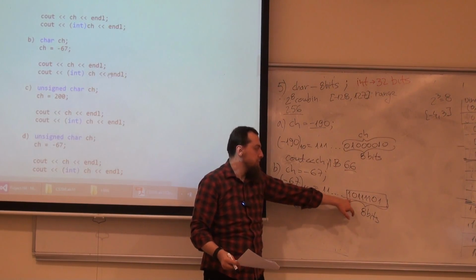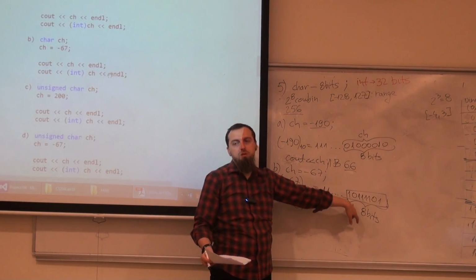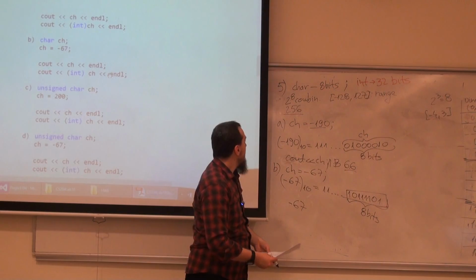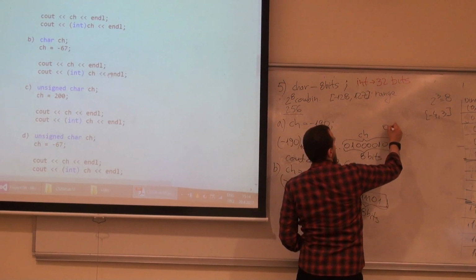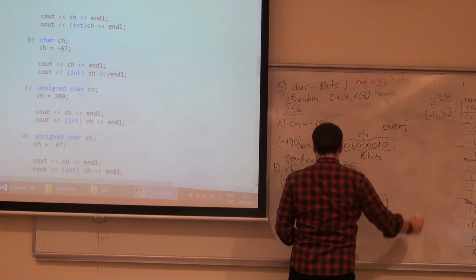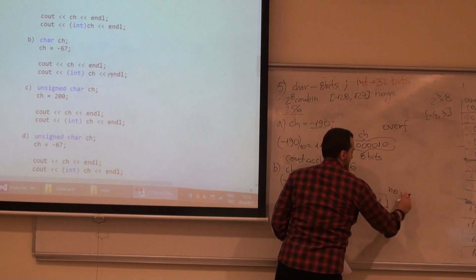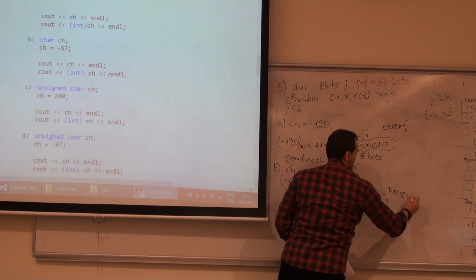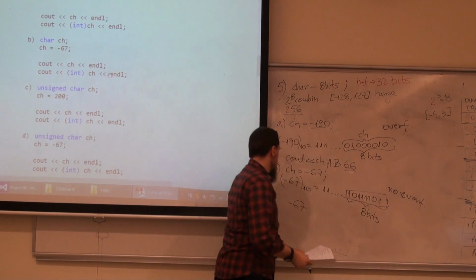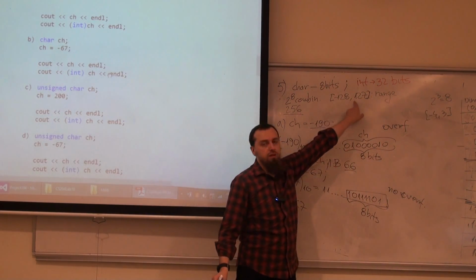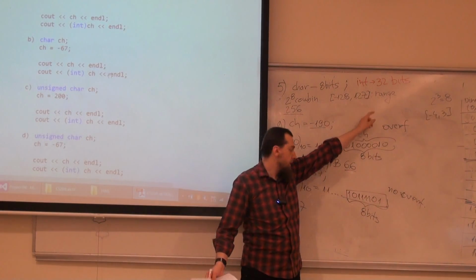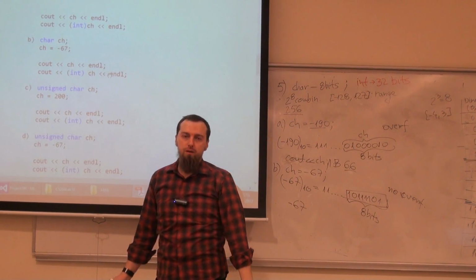You can check the ASCII table. It's a weird character. But it works, because here I have an overflow, but here I don't have an overflow, since minus 67 is inside this range. And if that's the case, very nice, I don't have any problem with that. Okay?